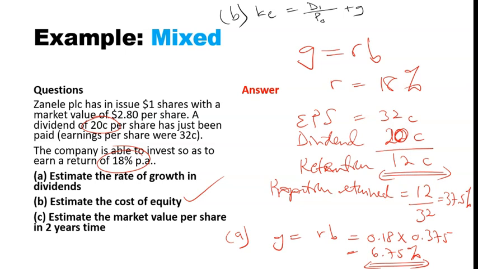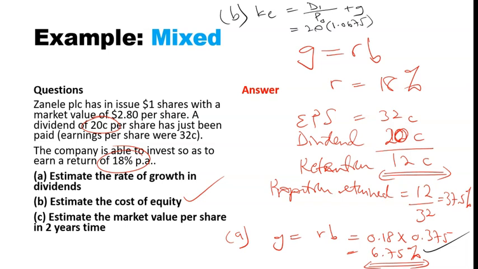Our D1, that is the dividend now, which was 20 cents times 1 plus g. Our g, we have determined it to be 6.75%, that's 1.0675.